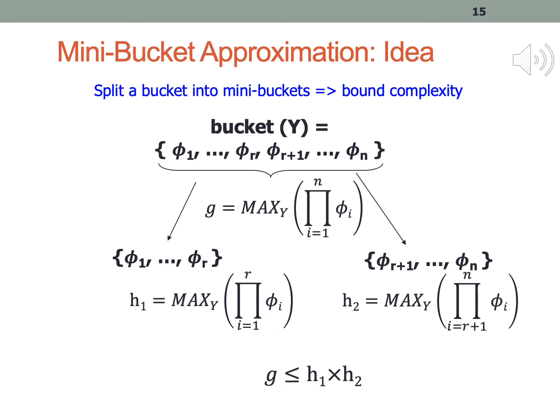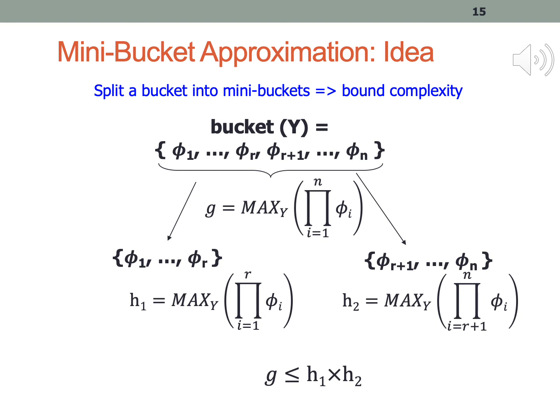After we do this, we compute h1, which is the optimal max product value over the first mini bucket. And if we ensure that for the product of phi1 to phi r, the number of variables in that product function is bounded by a constant, we can do this easily. Agree?